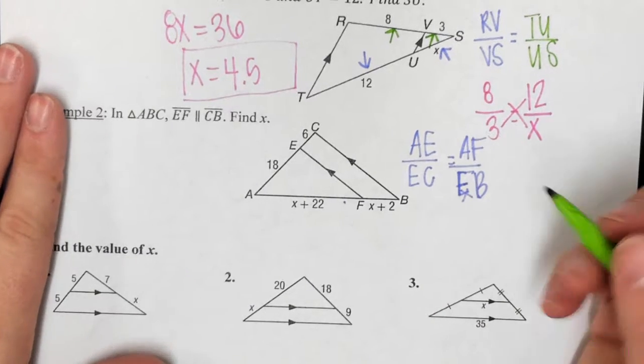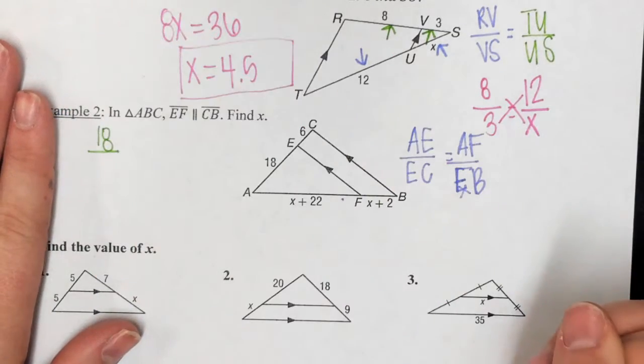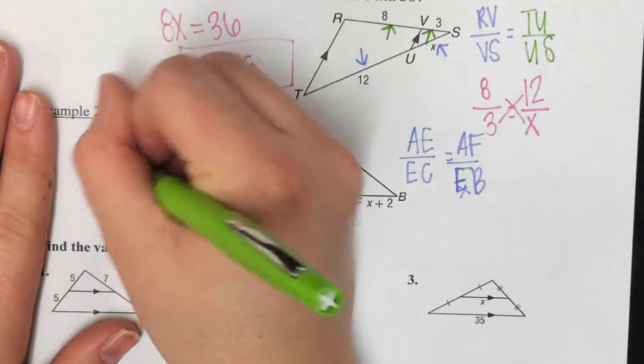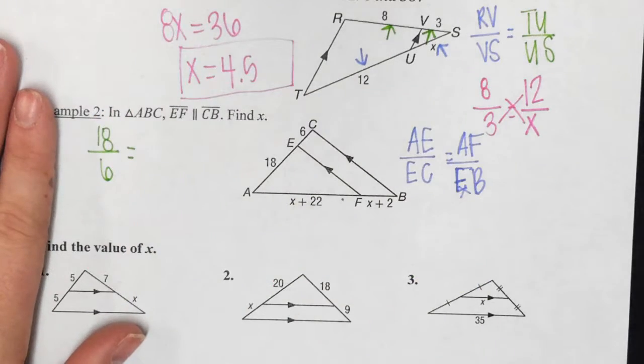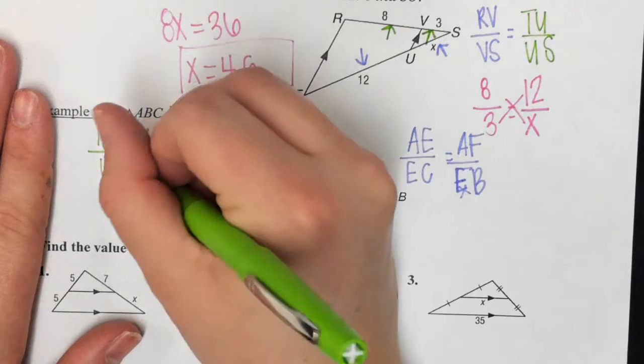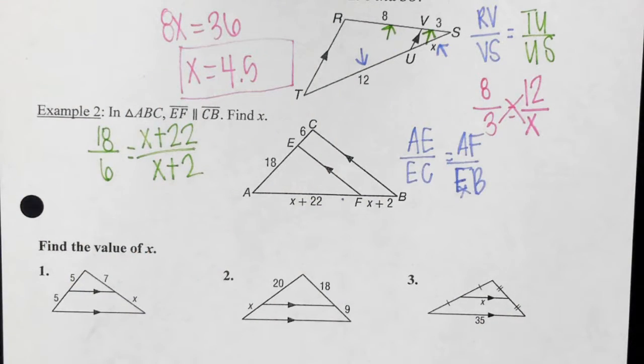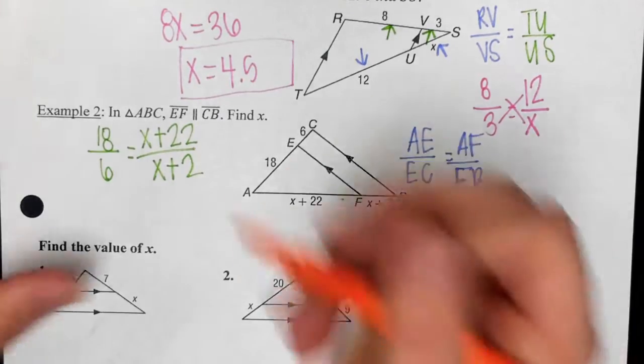Alright, what's AE? 18 over 6 equals x plus 22 over x plus 2. Alright, let's cross multiply. What do I have to do for both of these?